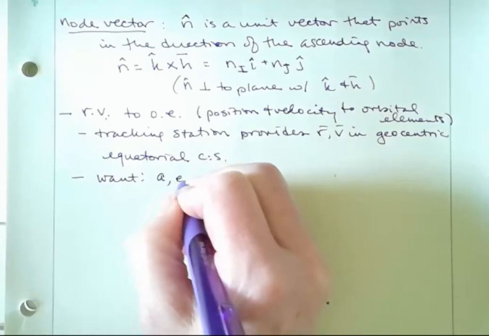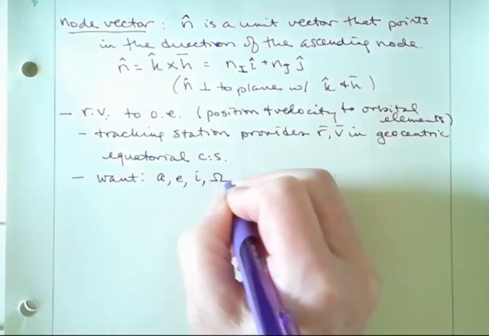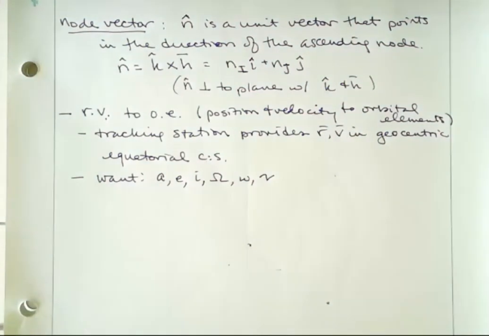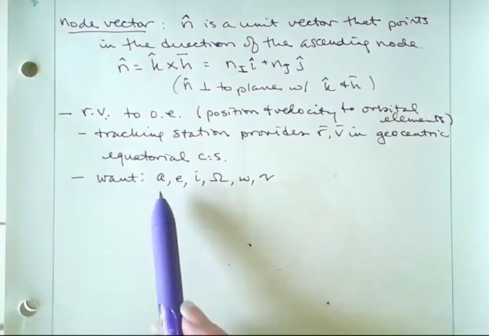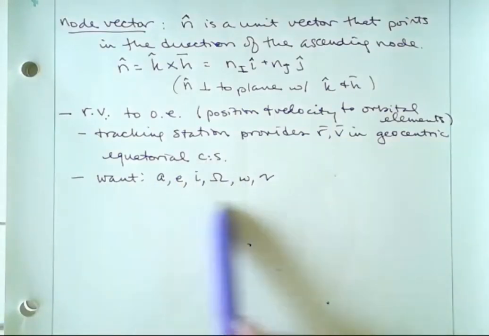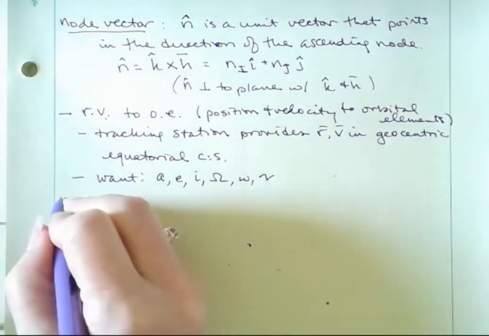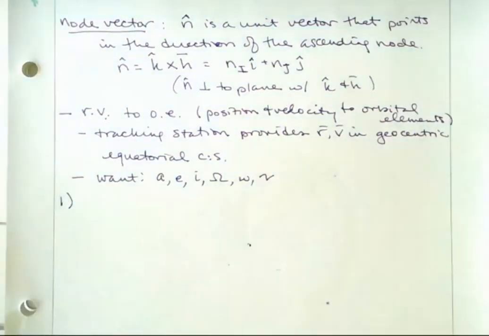So we want to find a, e, i, capital omega, little omega, and nu. Once you convert over to this, you have a much better understanding of what orbit that satellite or body is in. This is going to have some pretty simple steps. You just basically are going to be plugging stuff in. And again, these are going to be the equations you need for project 1.